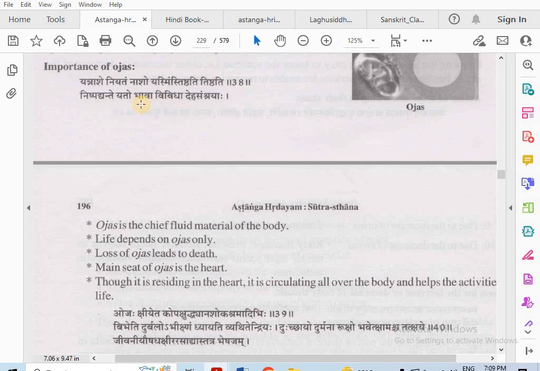Various expressions, activities, nispadyante, are occurred. Yataha means due to this ojas, all various types of expressions occur. These expressions deha sansrayaha, which are staying in the deha, in the body. So all these different types of expressions and activities are possible only due to this ojas.